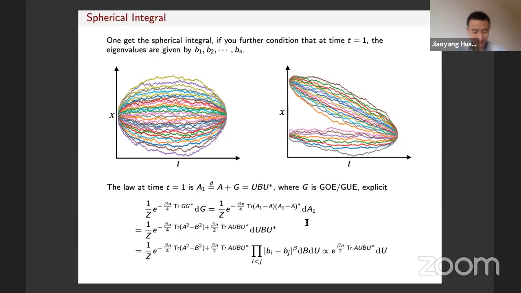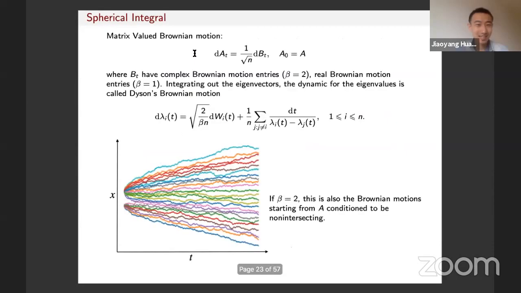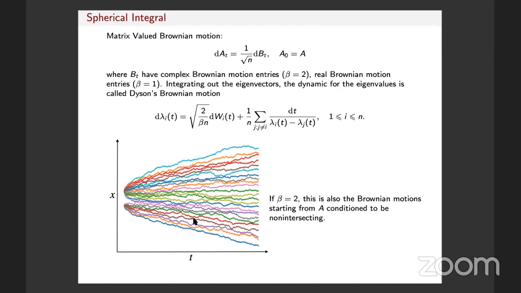Every time you add something infinitesimally small. So basically, for the matrix valued Brownian motion, every time you add a small GOE, the limiting profile is characterized by the complex Burgers equation. Yes.